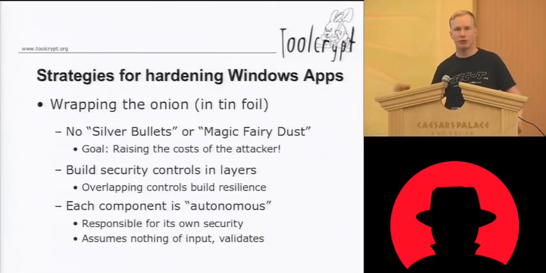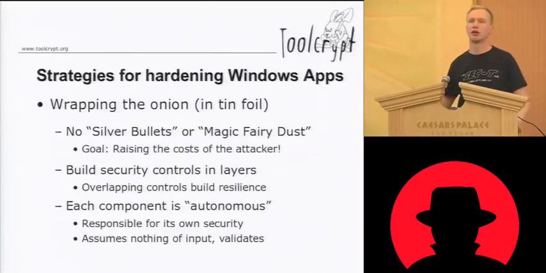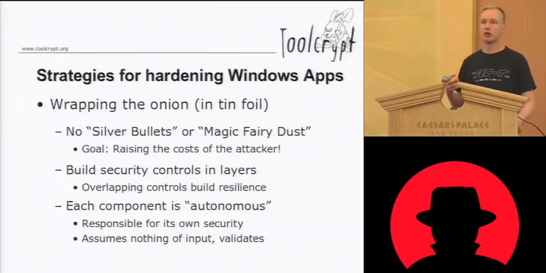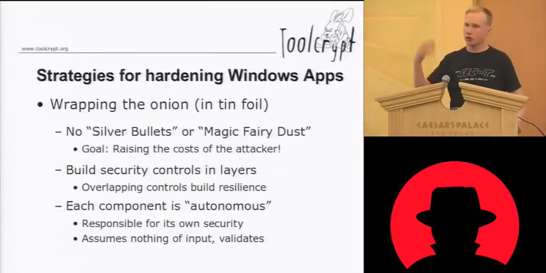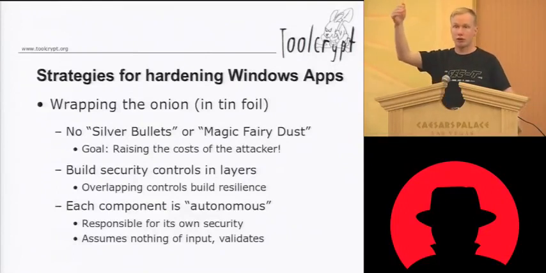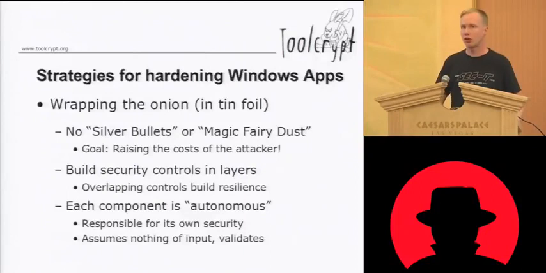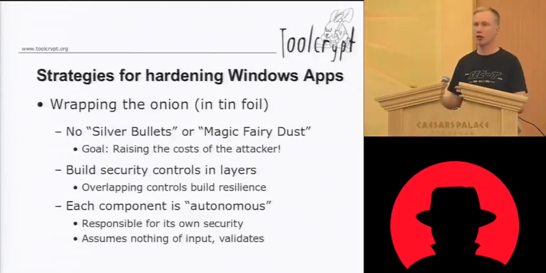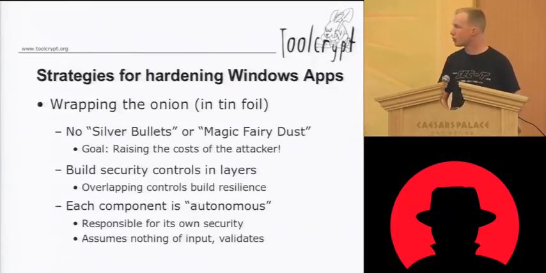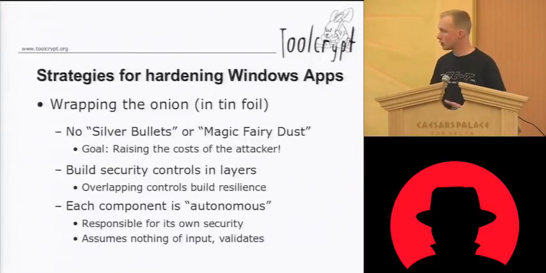It's better to have several components within your application verifying the same data several times over than just verifying, hoping you've verified everything when you've read it from disk, for example, and then trusting the data from there on in the application. So make sure that each component that you isolated, when you're doing the threat modeling, doesn't assume anything of its input, and validates everything before it uses it.